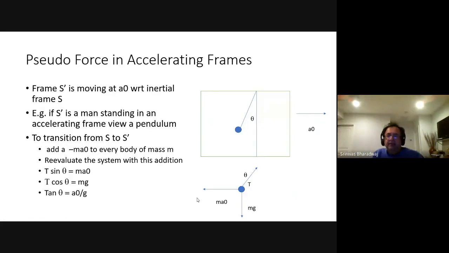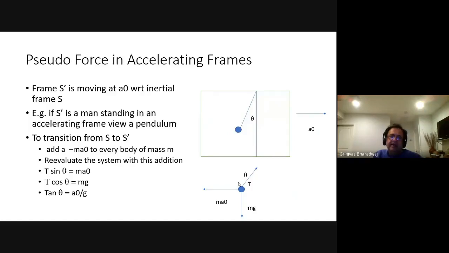The forces are T at an angle, mg, and m a naught. If that angle is theta, then T cos theta equals mg, and T sin theta equals m a naught.